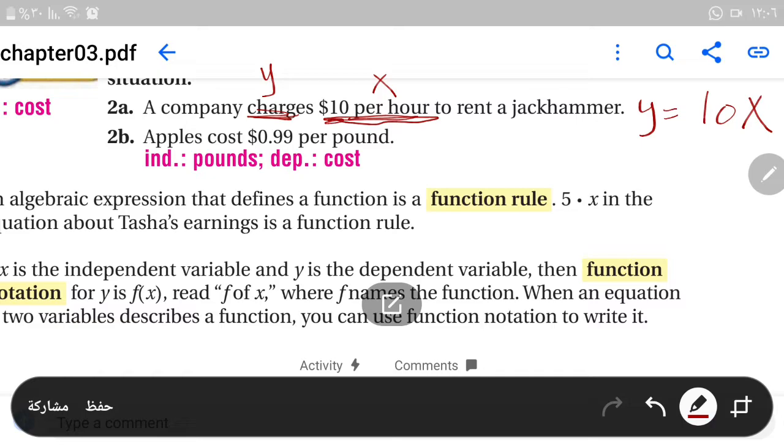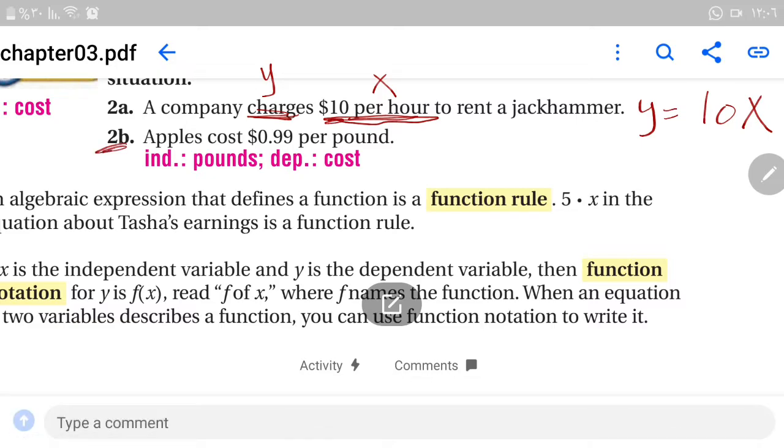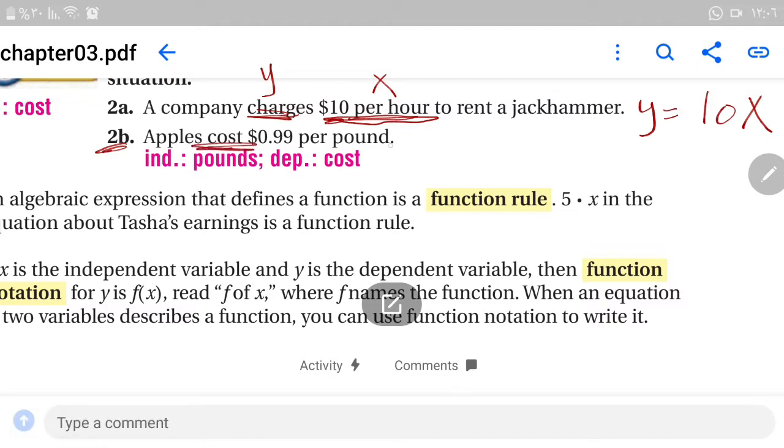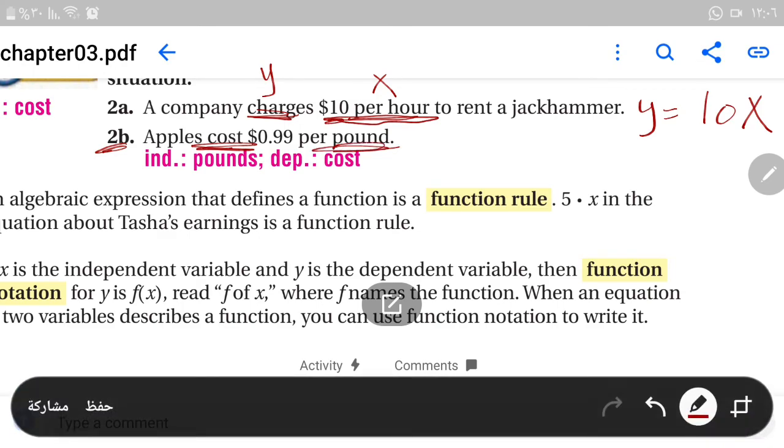Okay, B. Apples cost $0.99 per pound. Okay, I have two variables here, the cost and the number of pounds. What depends on what? Yes, the cost depends on the number of pounds you will buy.